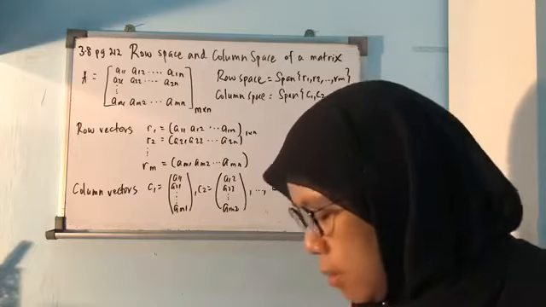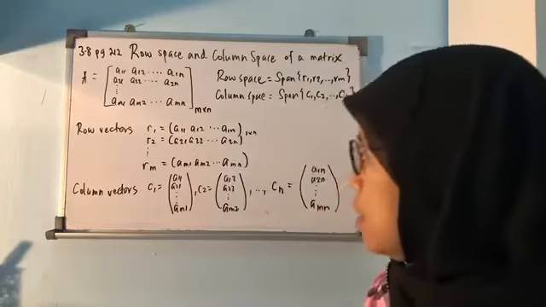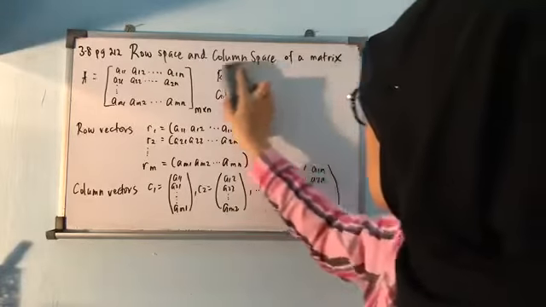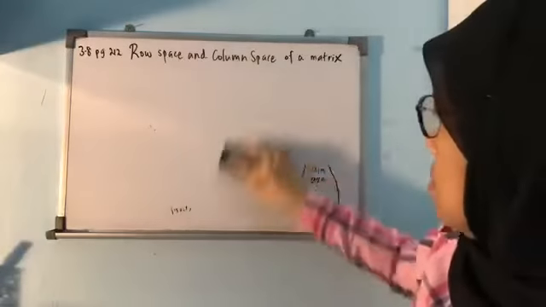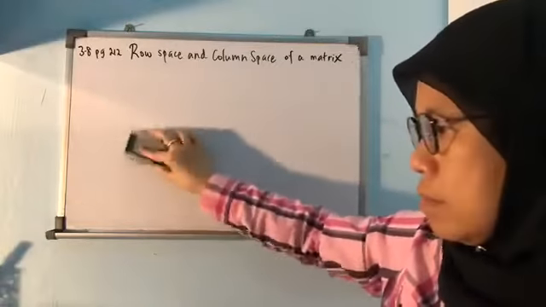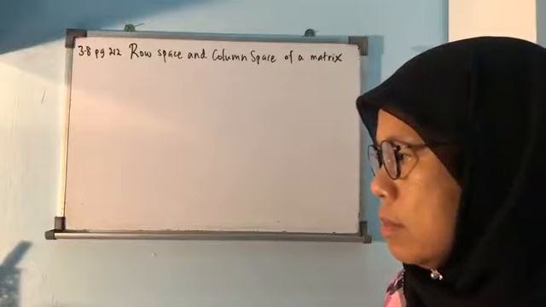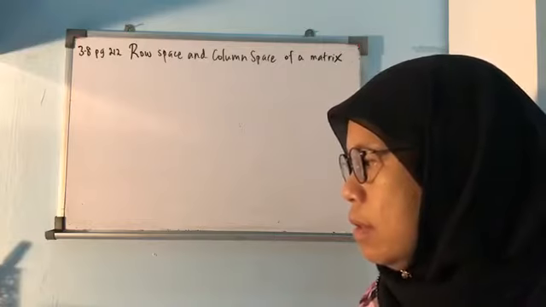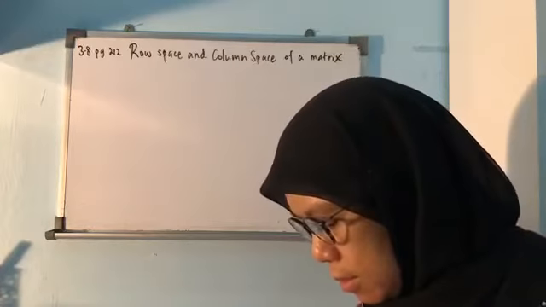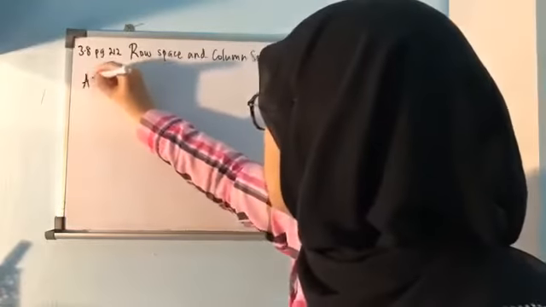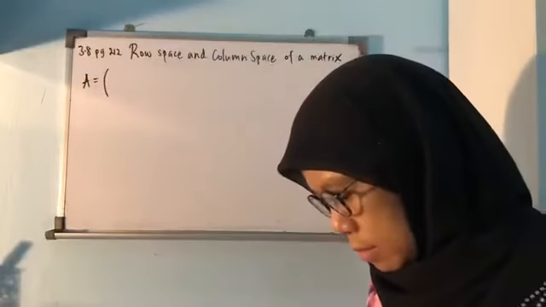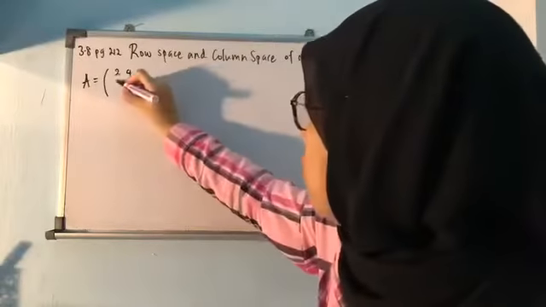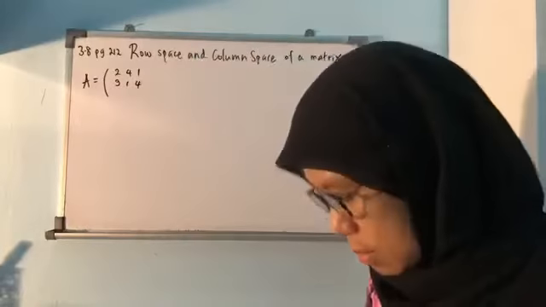One example given in the book. Okay. Alright, A is given to be 2 4 1, 3 1 4, 5 5 5.